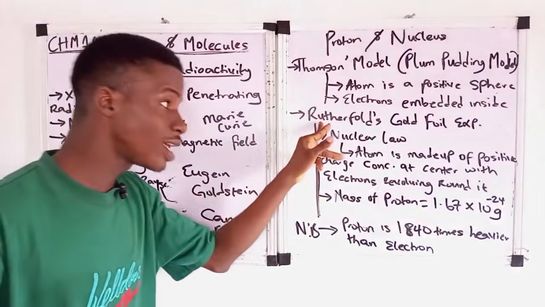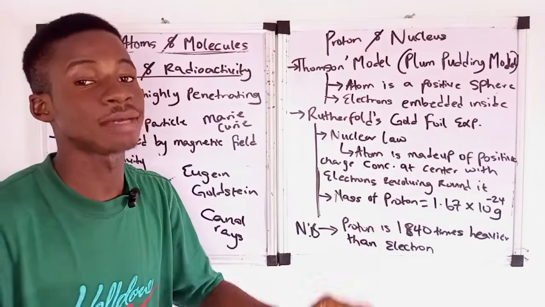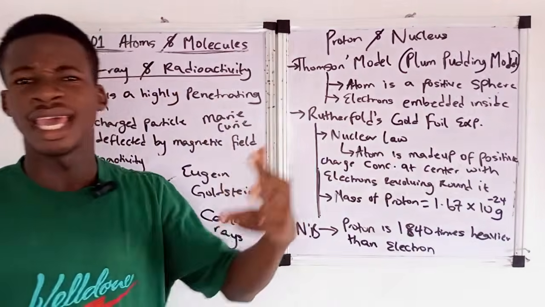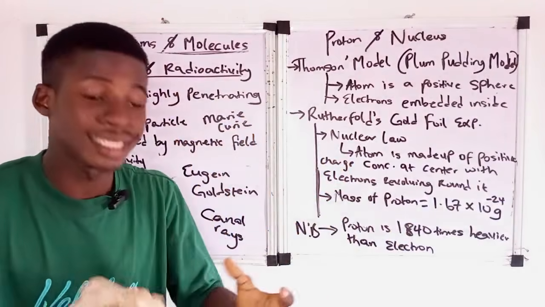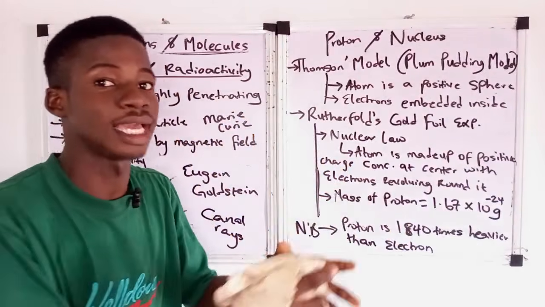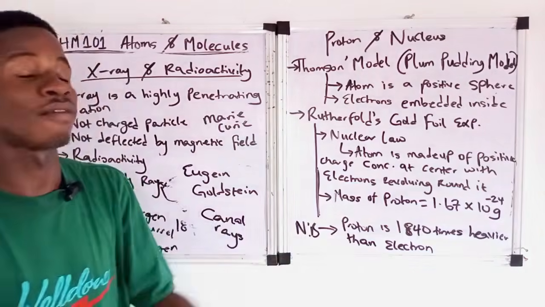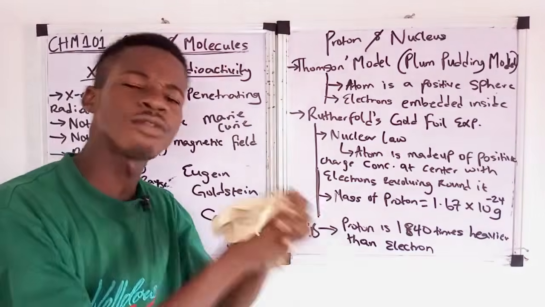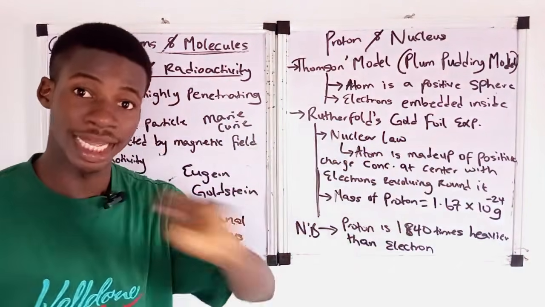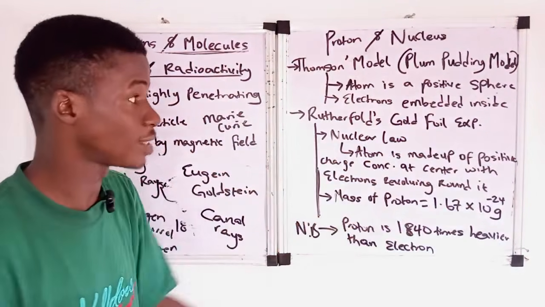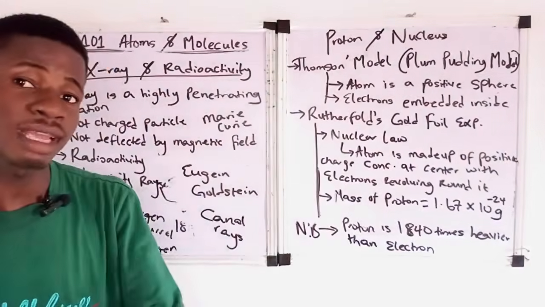So Rutherford was just supervising them, but those two students, Geiger and Marsden, actually performed the experiment, under the supervision of Rutherford.